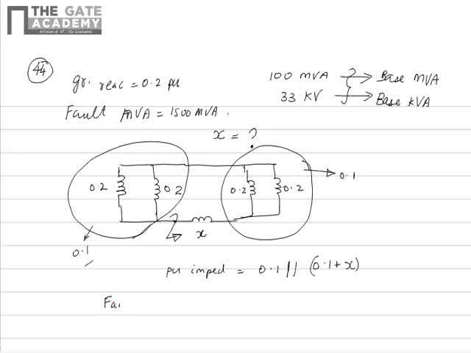So fault MVA can be defined as base MVA divided by per unit reactance.